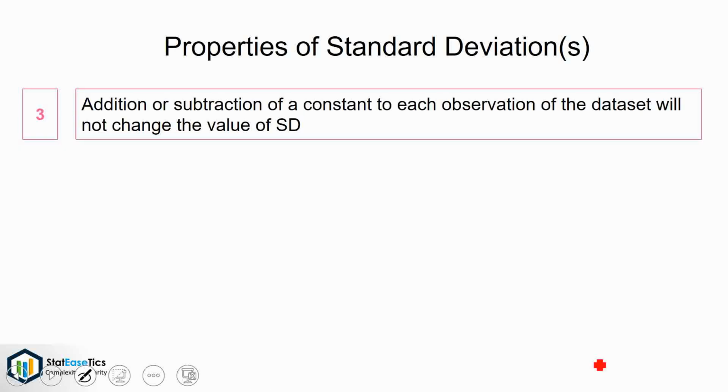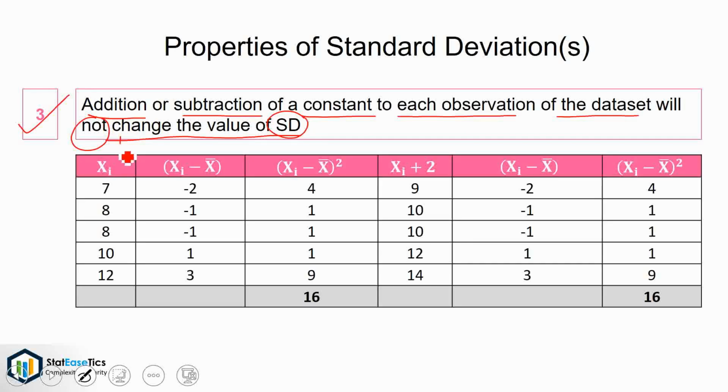Now let's see the third property of standard deviation. It says that addition or subtraction of a constant to each observation of the data set will not change the value of standard deviation. For example, taking the series with observations 7, 8, 8, 10 and 12 and on adding a common constant 2, we get the new series.